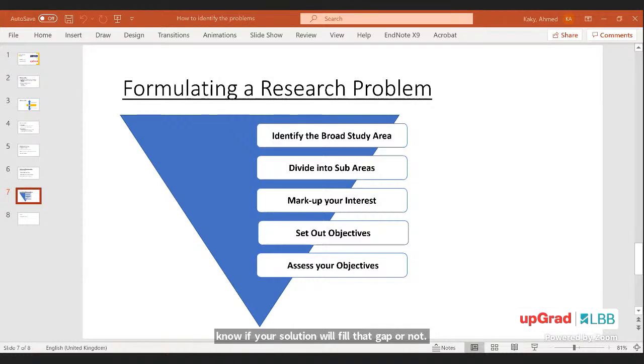Yes. For that reason, we are saying that you need to have a plan and you need to identify the big area, then sub areas, then mark up your interest, then develop your objectives, then evaluate your objectives. All these steps are to make sure that you are going in the right direction, because we don't want you to go through 4 months of work and at the end of the day have nothing.